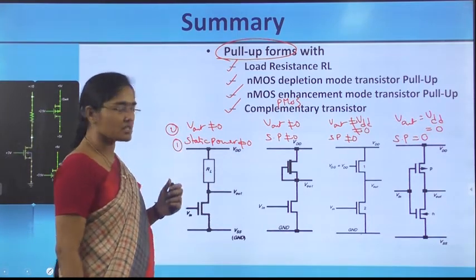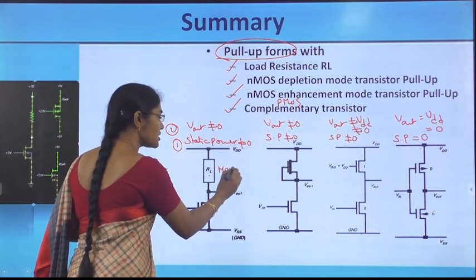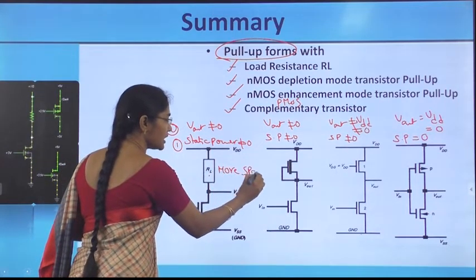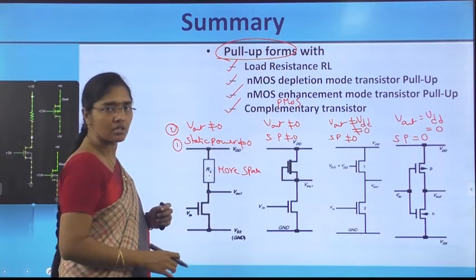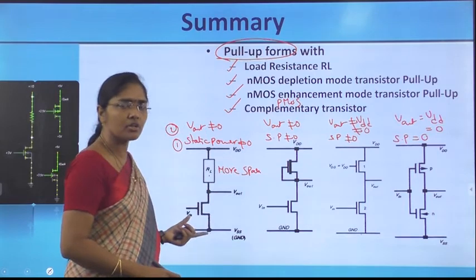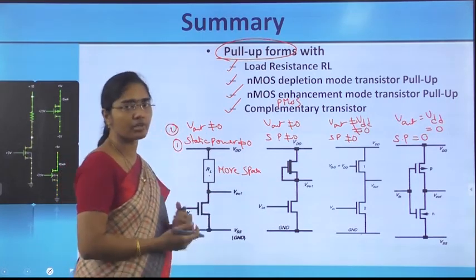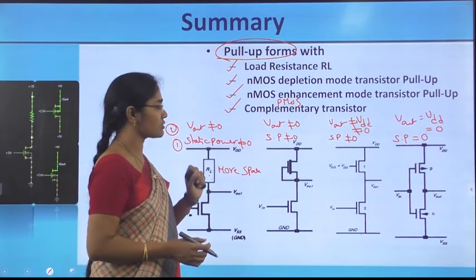Then about space: because of RL, it takes more space when compared to the other 3 pull-ups, and the switching device or pull-down device takes the same size or area for all 4 circuits.